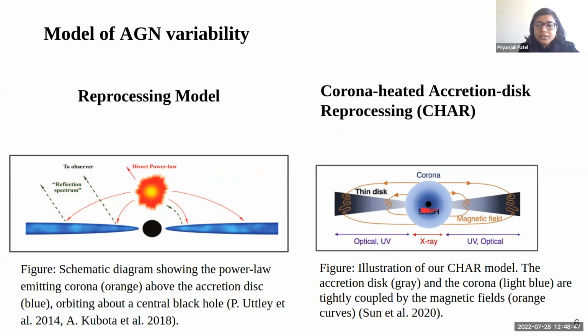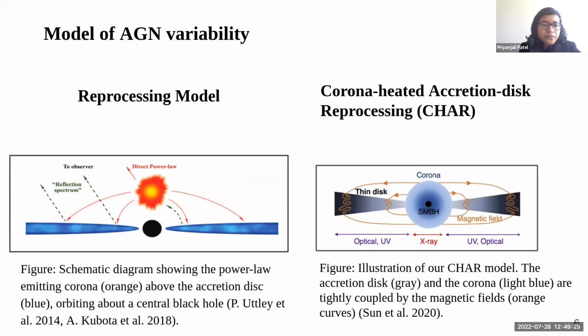On the right is the CHAR model, where the accretion disk is shown in gray and the corona in light blue. According to this model, the corona and the accretion disk are magnetically coupled. The magnetic fluctuations drive the X-rays in the corona, and these fluctuations propagate to the accretion disk, which changes the heating rate, and after that induces temperature fluctuations.